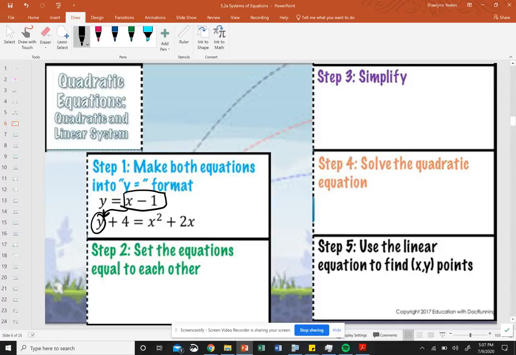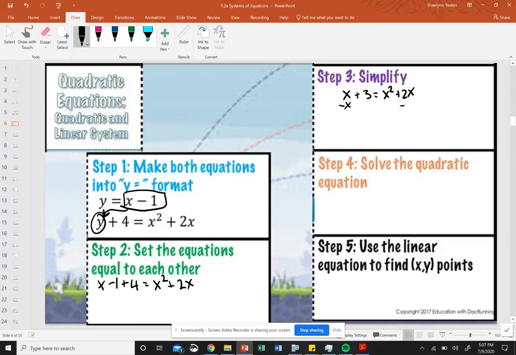Okay, so then I'm going to have x minus 1 plus 4 equals x squared plus 2x. Now, because I have a squared term, I need to get everything to one side so I can use the quadratic formula. Okay, so I'm going to combine like terms first. So we're going to have x plus 3 equals x squared plus 2x.